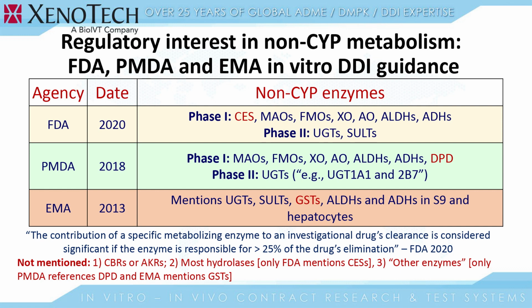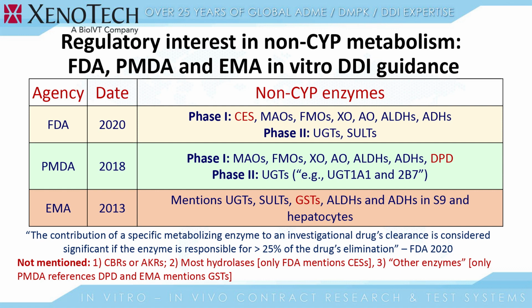Now, this is a pretty clear blanket statement by the FDA that's basically saying, even though we're not specifically mentioning all the non-CYP enzymes that might be responsible, if those enzymes happen to be responsible for greater than 25% of the drug's elimination, we probably want you to take a look and figure out what those enzymes are.